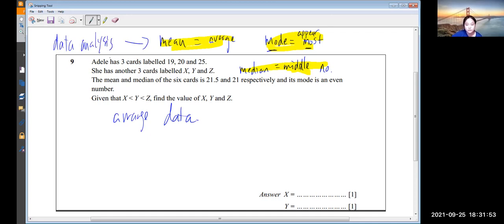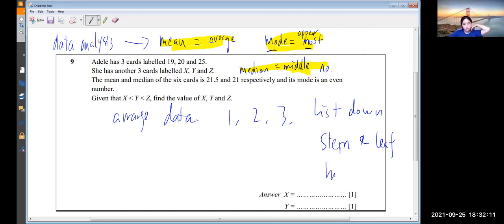For data analysis, there are a few ways to arrange data. One of them is called listing down, listing down one by one. The other is stem and leaf. Then of course you have the histogram.